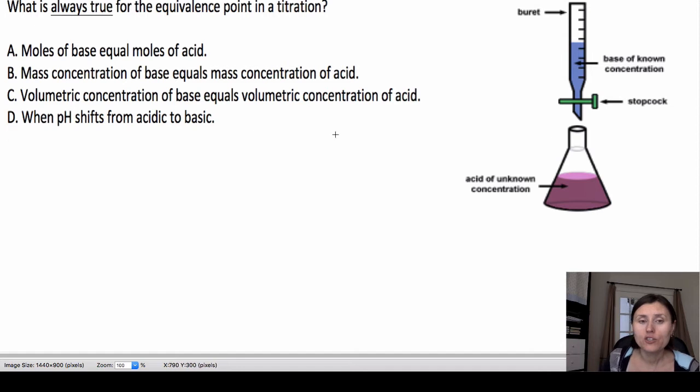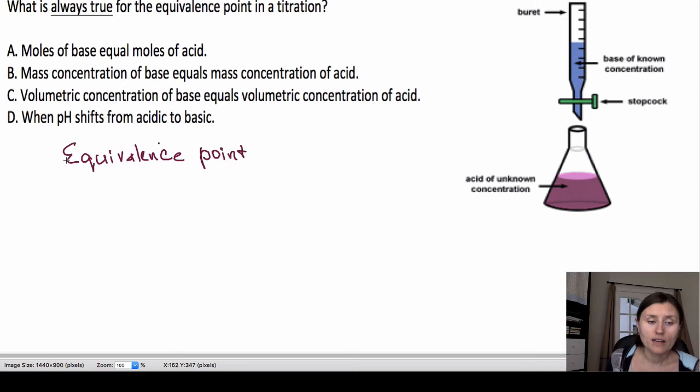And I just mentioned the word equivalence point. So something is equivalent, right? What is it that's equivalent?